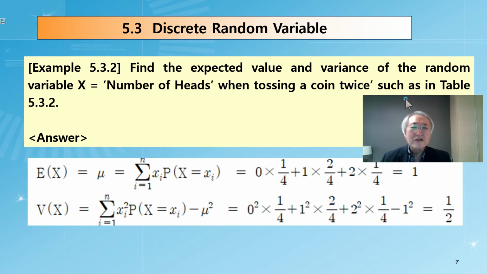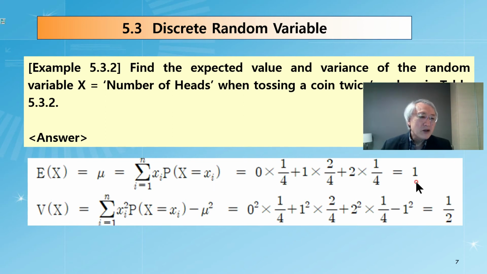Here's an example from a previous table. We had 0, 1, 2 as possibilities. You just multiply each by the corresponding probability like this. Added up, it becomes the expectation, 1, as we expected.